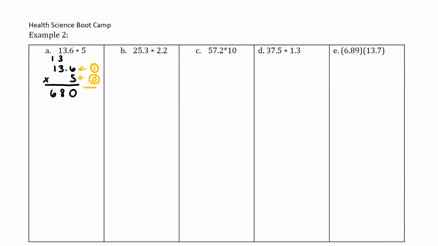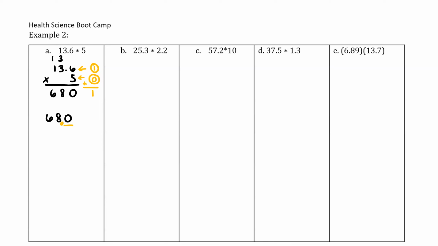So my answer should have 1 decimal place. So I'm going to take my 680 and I'm going to count 1 decimal place, and that's where my decimal goes. So you're counting from the right the number of places before you put your decimal.